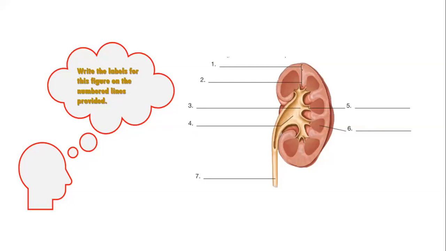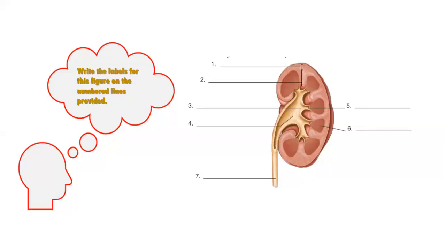Number 1, the cortex, number 2, the medulla, number 3, the calyces. Number 4, the pelvis of the kidney. Number 5.